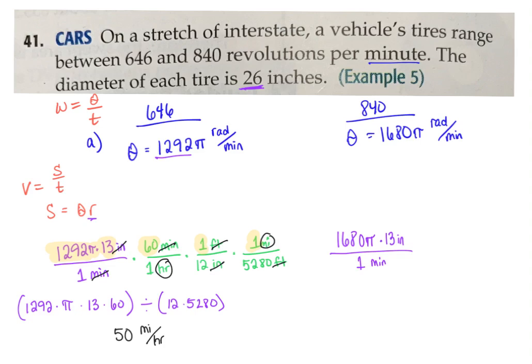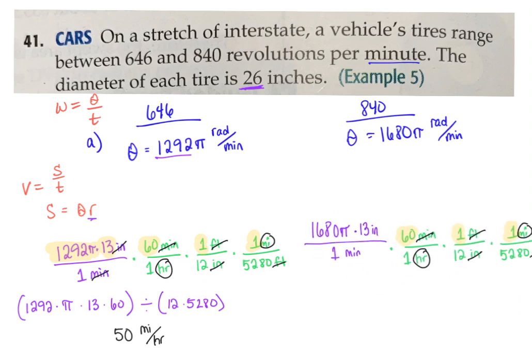So we're going to take this exact conversion and do it again with this one. When you do all of that out, don't forget how to do it in your calculators, you should get, rounded to the nearest whole, 65 miles per hour for that one.